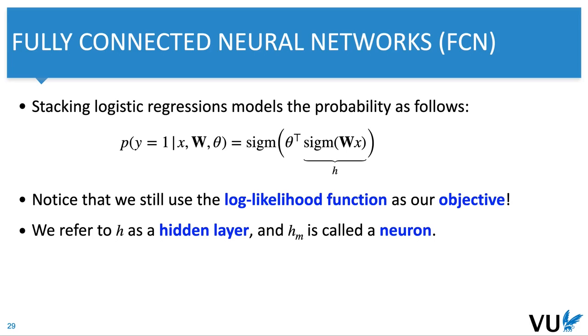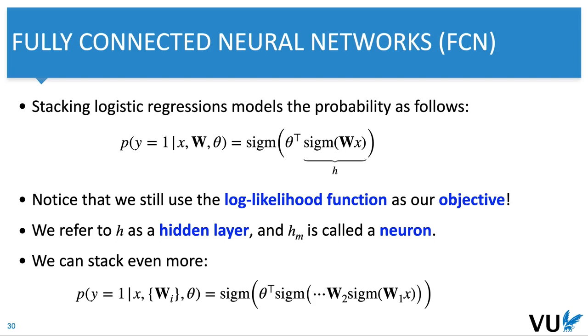We'll call them neurons, and that's why we call them neural networks. But these are fully connected neural networks, because within one single layer from X to H, everything is connected. Every H is connected with X. And of course, we can stack even more hidden layers. We can put a lot of them, and it's perfectly fine.